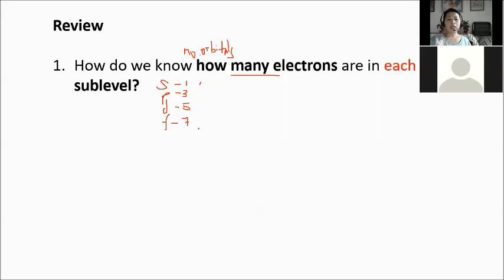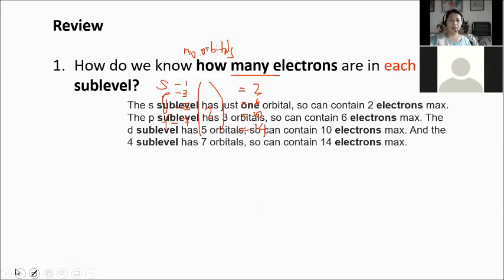So we have to multiply that by 2 kasi 2 lang ang electrons na pwedeng malocate doon sa isang orbital. So therefore, maximum electron in s is 2, in p is 6, in d it is 10, and in f 14.